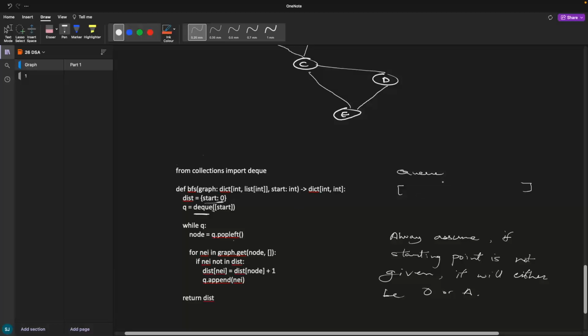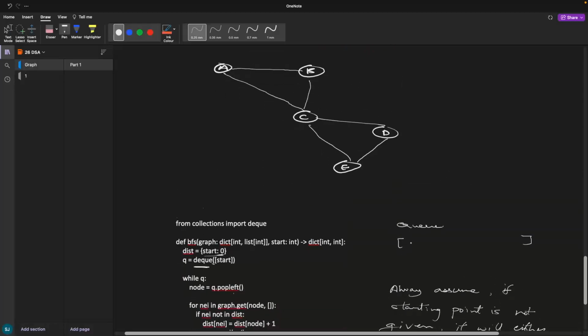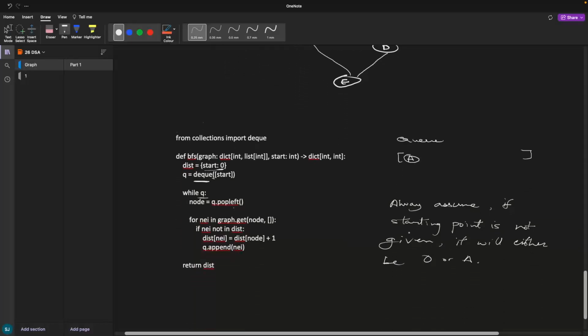ठीक है. अभी हम इसको करते हैं ड्राई रन. So let's say we put in the Q of A, right? What's gonna happen after that? जब तक Q है हम इसको लूप पर चलाते रहेंगे, ठीक है. ओके, फिर अभी Q हुआ, popleft आया A. So your node is now A, ठीक है.